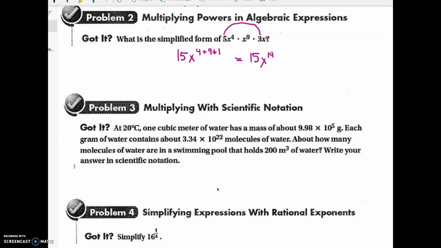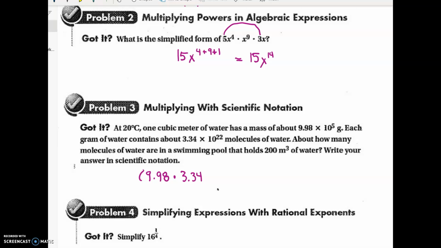So I'm going to take the mass of 1 cubic meter of water, the 9.98, and multiply it with the beginning of the 3.34 molecules of water.